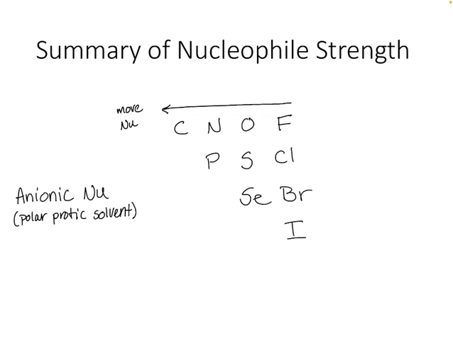So let's say carbon had a negative charge. If we compared that to fluorine with a negative charge, remember fluorine is the most electronegative atom, so it wants to hold on to that negative charge. But carbon is more nucleophilic and it can attack something better because it's less electronegative.